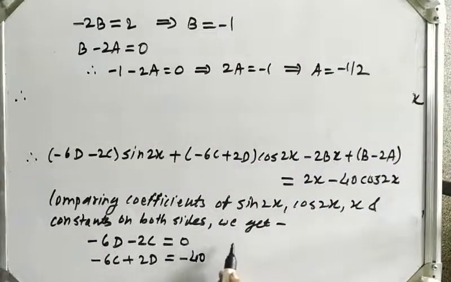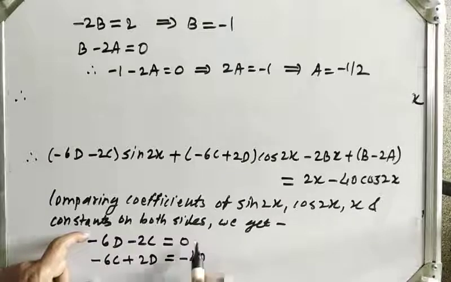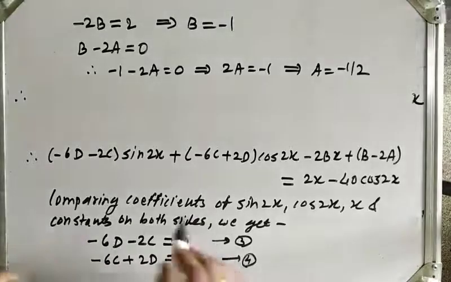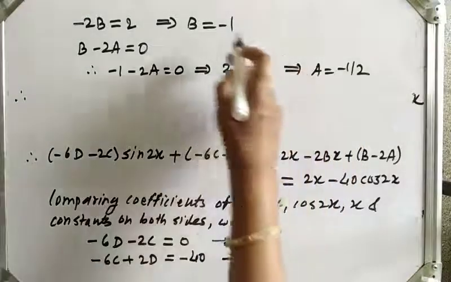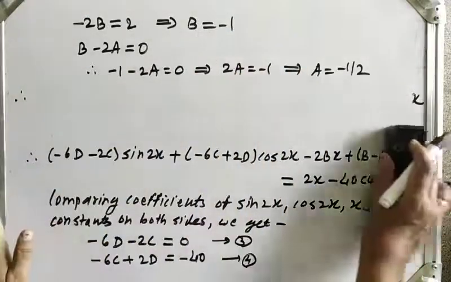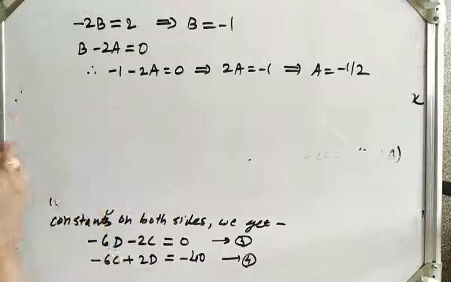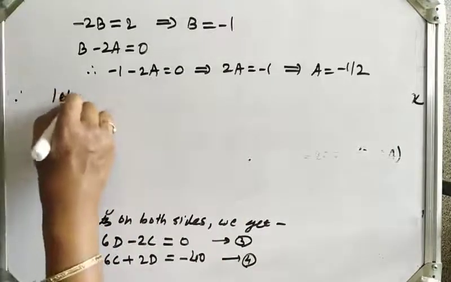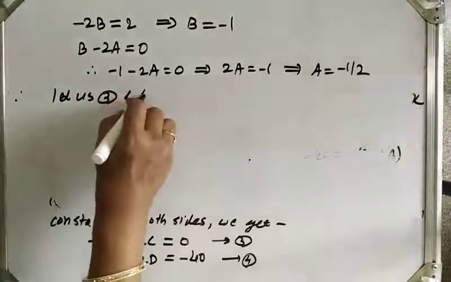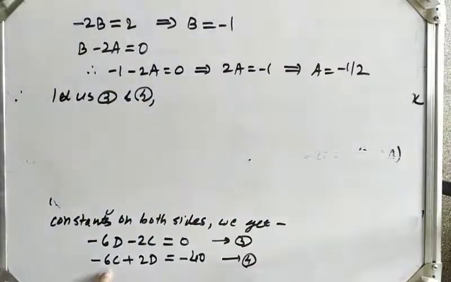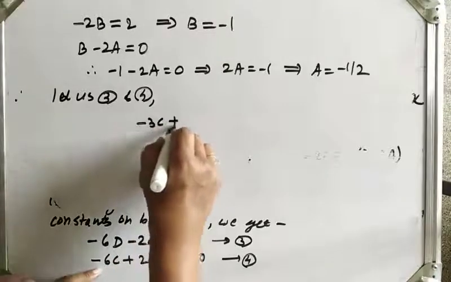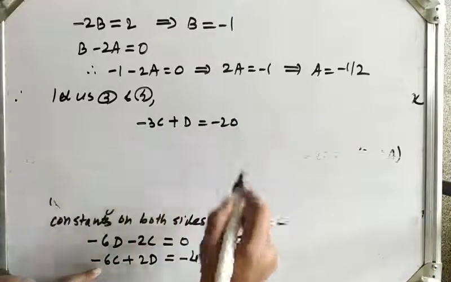Okay. And by solving these two equations, let us give it equation number 3 and 4. We will find out a and b. We already get a and b. Now we need c and d. So let us solve 3 and 4. So equation 4 can be written as, after dividing by 2, minus 3c plus d is equal to minus 20.